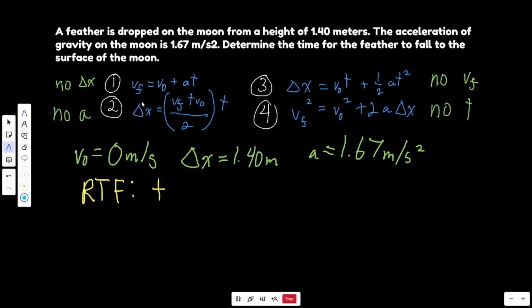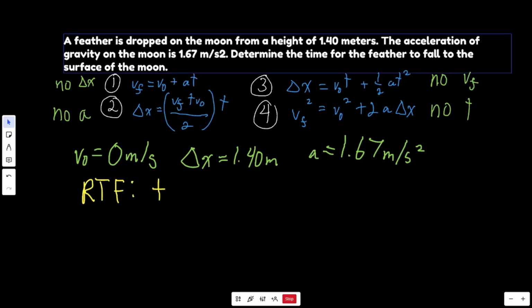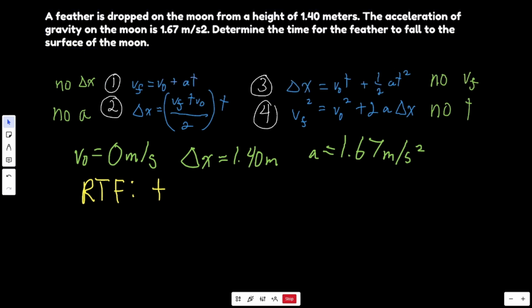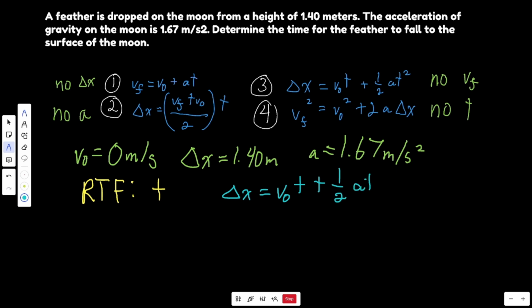But first step in using this equation is we have to derive. Actually, let me just rewrite it. Okay, so delta x is equal to v0 times time plus 1/2 at squared. So if again we want to get t squared, or just t, we need to isolate that first.